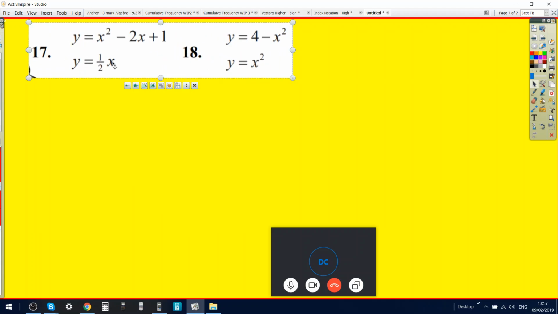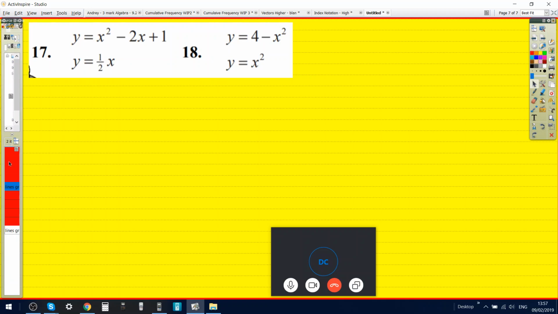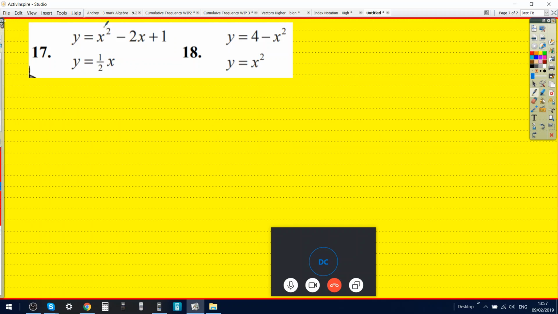So this is equal to y, that's equal to y. So it's a bit like substitution, or I suppose it is substitution, but instead of y, you can just write that. Basically, they must be equal to each other. And you go from there.